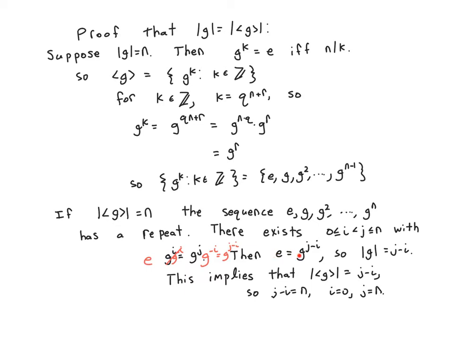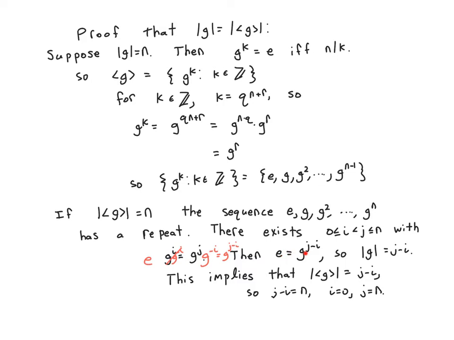And now I have E equals G to the J minus I, which means that the order of G is J minus I. By this previous argument right here, that implies that the size of the cyclic group generated by G is J minus I. If we're assuming that the size of that cyclic group is N, oh wait, let me be more careful.